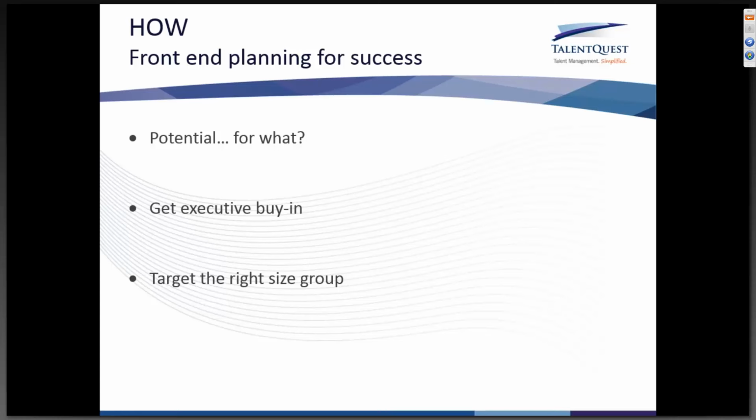As we start talking about the whys, assuming that you and the team have bought in and decide that it's important to make strategic investments in the right places, setting up a high potential program for success requires some pretty clear front-end thinking. And the first thing that needs to be thought about is potential and what we're referring to with regards to your organization or needs.